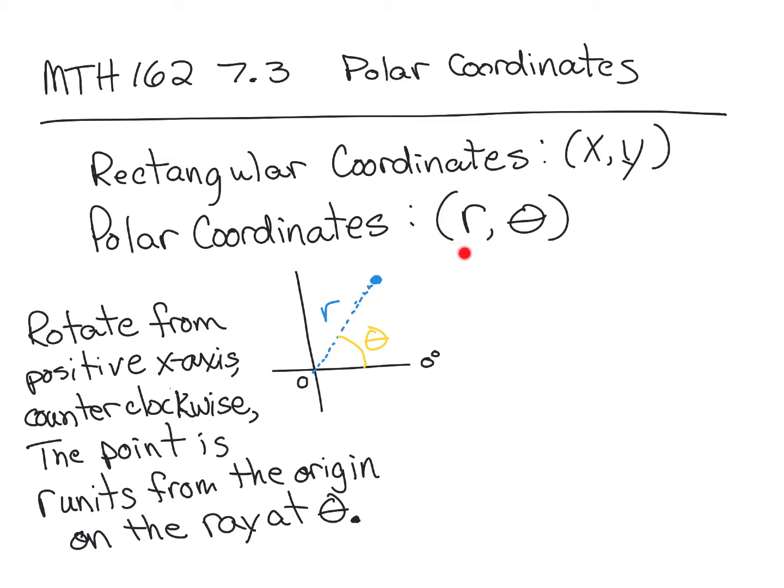R, the radius, is the distance from the origin, whereas theta is how far you have rotated from standard position, the positive x-axis. You rotate through theta, and along that direction line, you move from the origin out r units. Whereas with rectangular you go this many in the x direction and that many in the y, now it's a straight shot, as the crow flies.